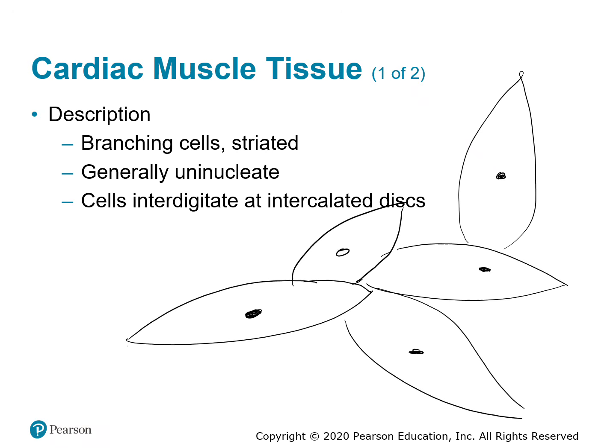And they have what we call intercalated discs. And these intercalated discs allow for communication from one cell to the other. Okay? Your heart cells have to function as a unit.